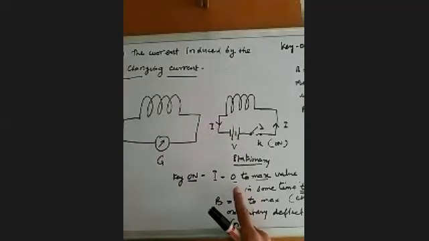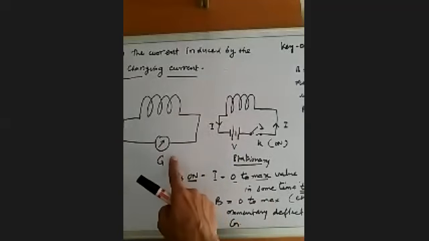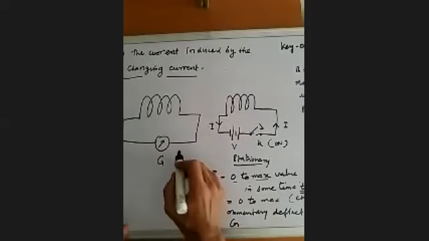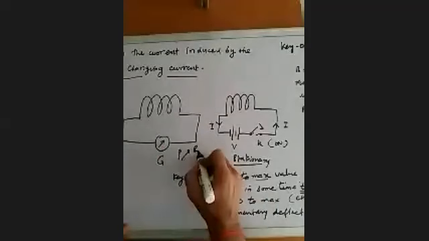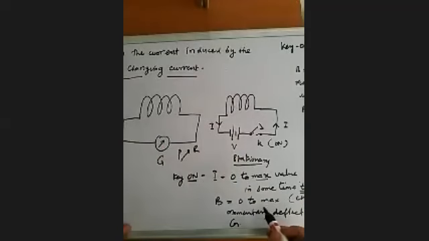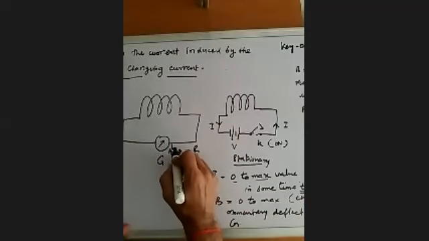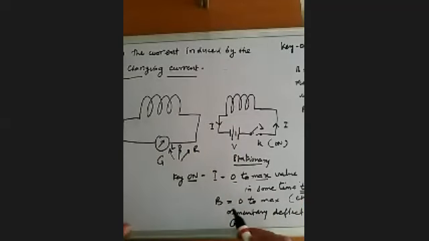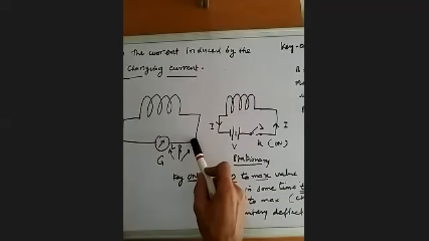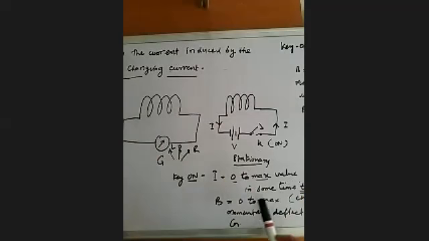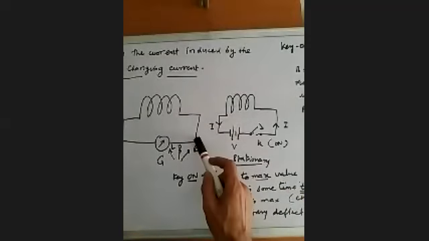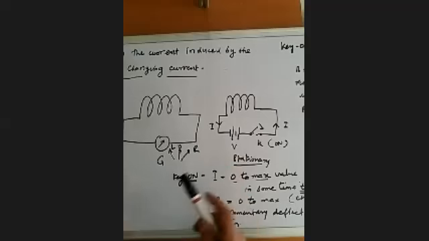When the magnetic field is increasing, if the deflection is towards the right, then when the magnetic field goes from maximum to 0, the deflection will be towards the left. The direction of current changes with the way the magnetic field linked with this coil is changing.